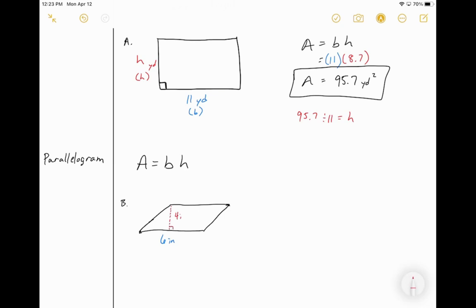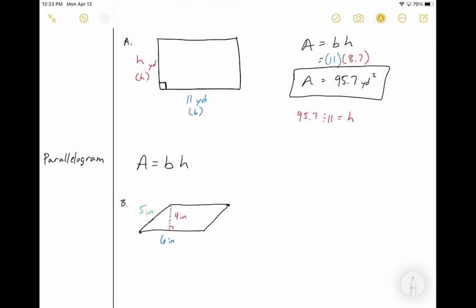And we'll say this is 4 inches. And just for fun here, let's say that this is 5 inches. Okay. So this is where things get a little bit tricky. The question is, which one's the base, which one's the height, and which one does not matter?